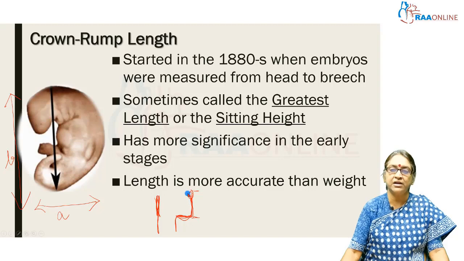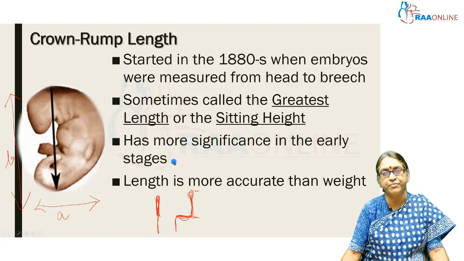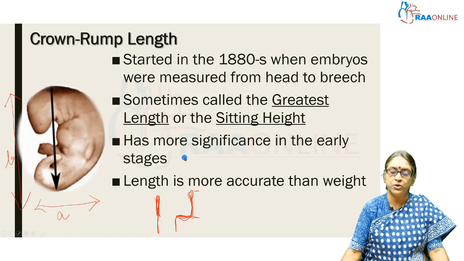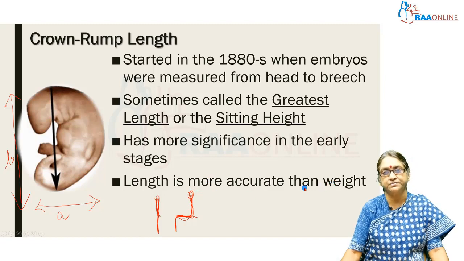And the CRL has more significance in the early stages of pregnancy or early stages of fetal growth. It has been noticed that of the various measures that form part of fetal biometry, length is a more accurate measurement to decide the fetal age than the weight of the fetus.